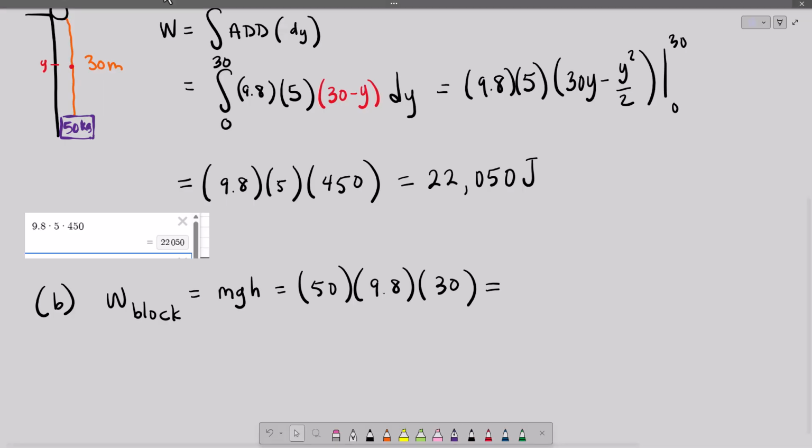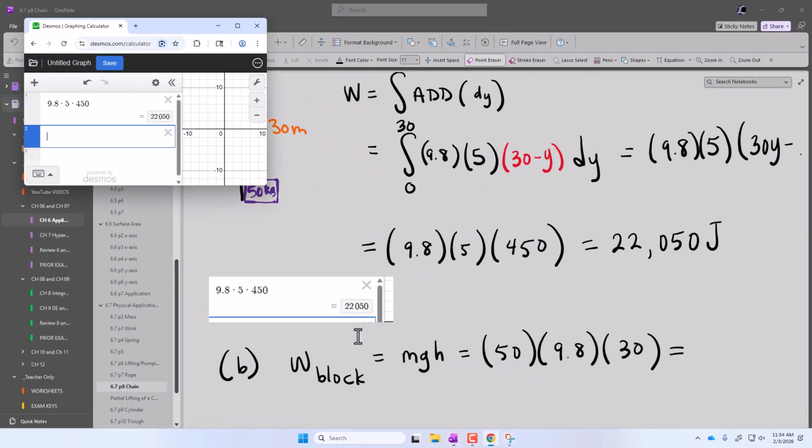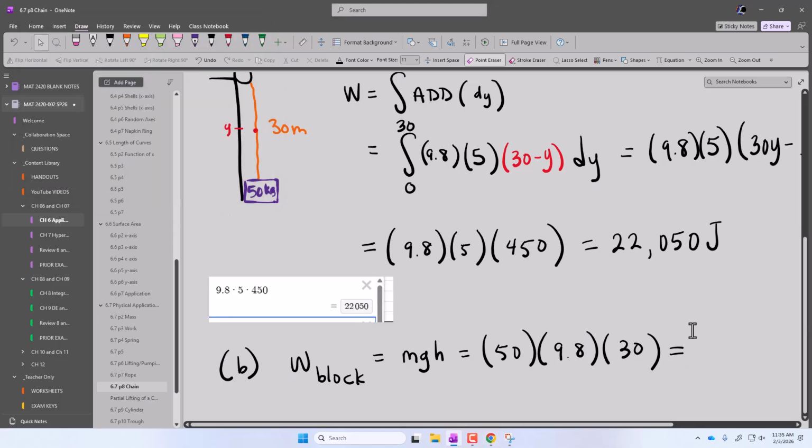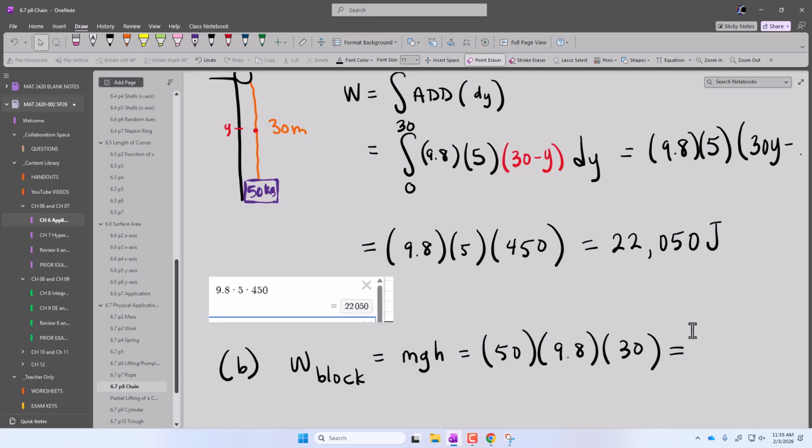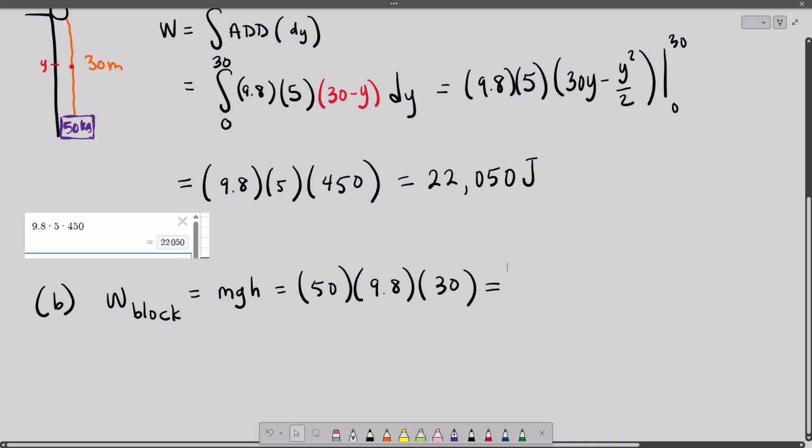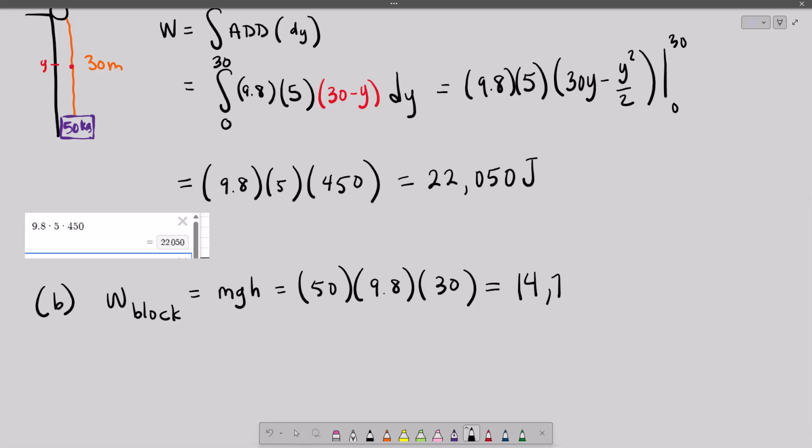So for the block, 9.8 times 50 times 30 is 14,700 joules.